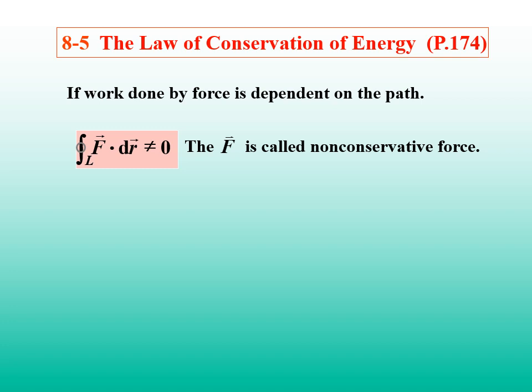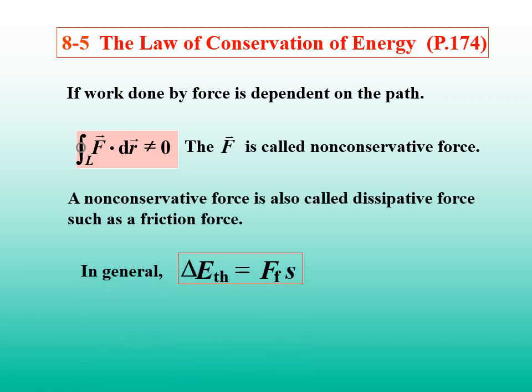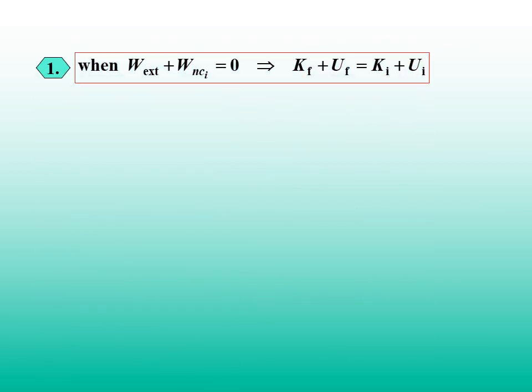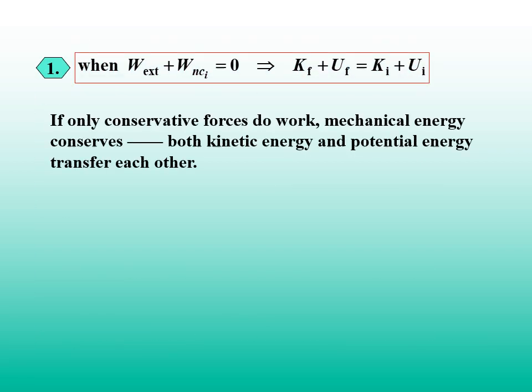The work done by the frictional force equals the increase in thermal energy. If thermal energy is considered, the total energy is conserved in any process. If only conservative forces do work, mechanical energy is conserved. Kinetic energy and potential energy transfer into each other.